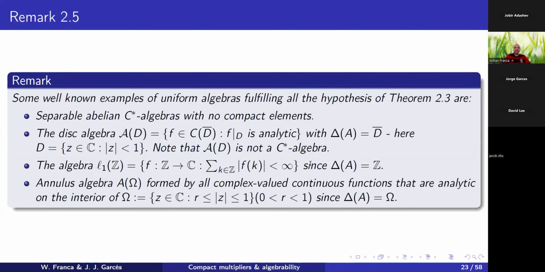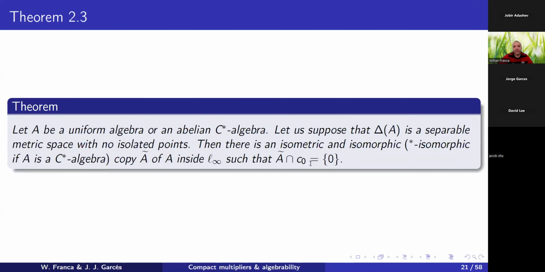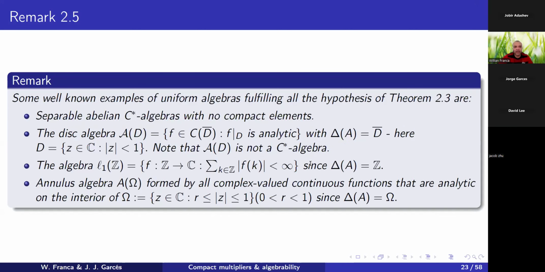Before moving forward, let me present some examples of structures from the hypothesis, if you want to find examples that fulfill the conditions of this theorem, Theorem 2.3. You can choose a separable abelian C-star algebra with no compact elements.